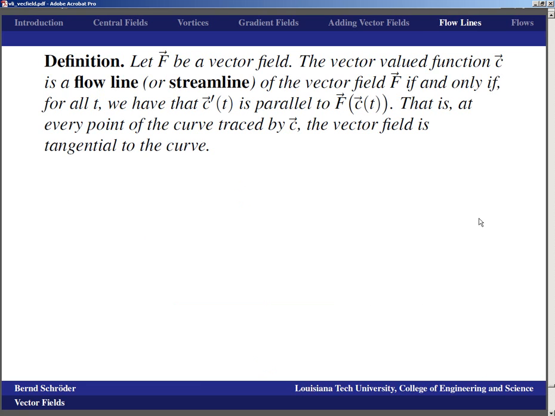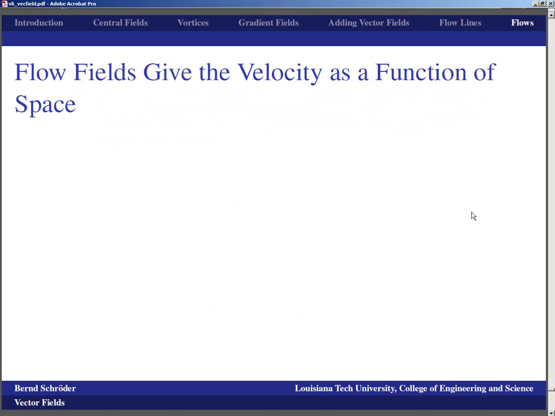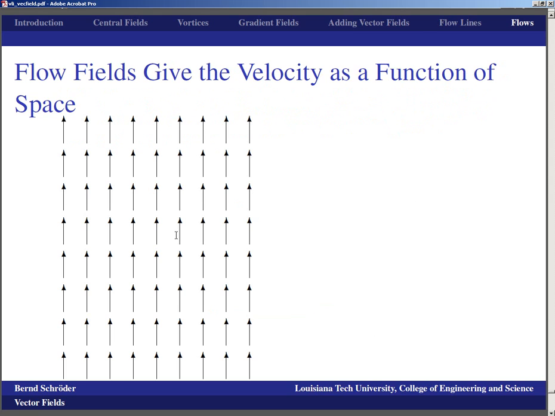They don't transport anything. When we talk about flows, we're really much more prone to think of flows as velocities of, say, a fluid flow. So flow fields can also give the velocity as a function of space. And so then, for example, the laminar flow in a water pipe, let's say, would be that in a fluid flow, everything flows at the same speed in the same direction.